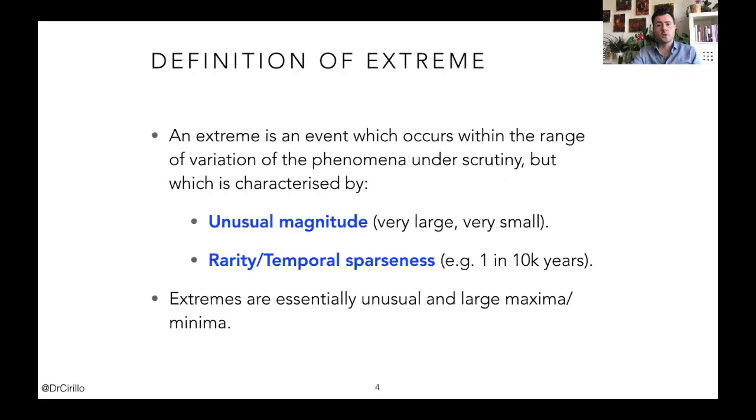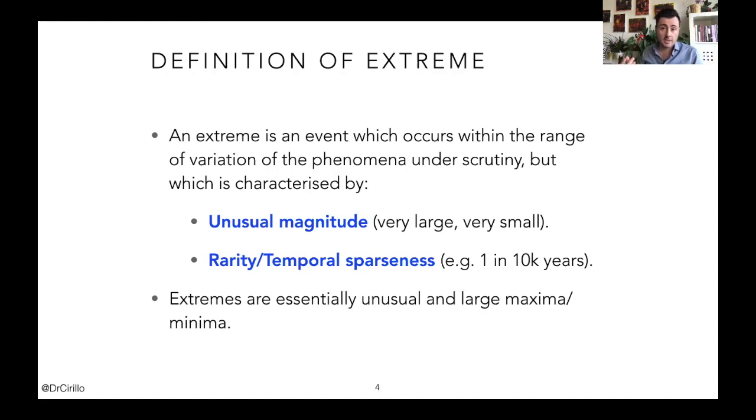Now, conversely, an extreme is an event that is characterized by two specific features. It is extreme in terms of magnitude. So an extreme is an event that is very large or very small. If it is very large, it will be a maximum. If it is very, very small, it will be a minimum.